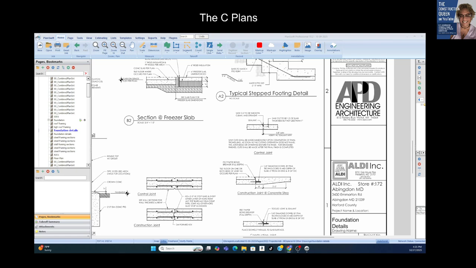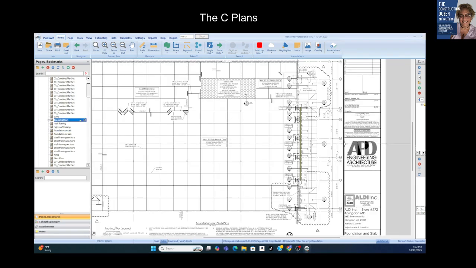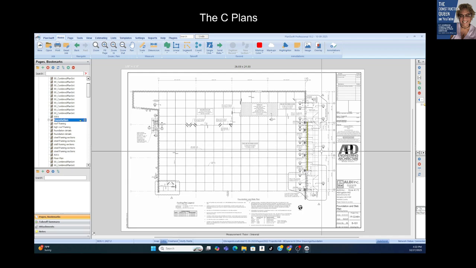When it comes to, and really this is for self performers that are trying to do their own estimate. Okay, section views begin at plan view. Detail view begins at section view. So when you see the plan view, okay, plan view is the first view, right?